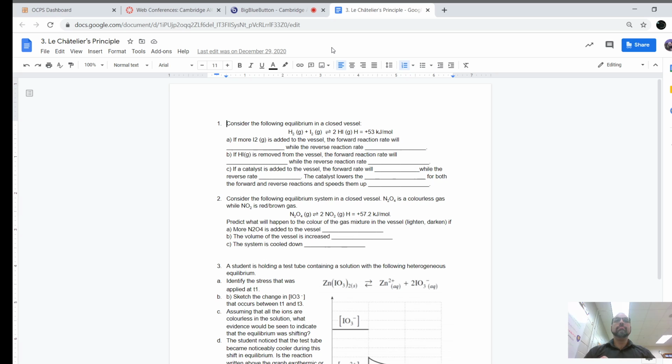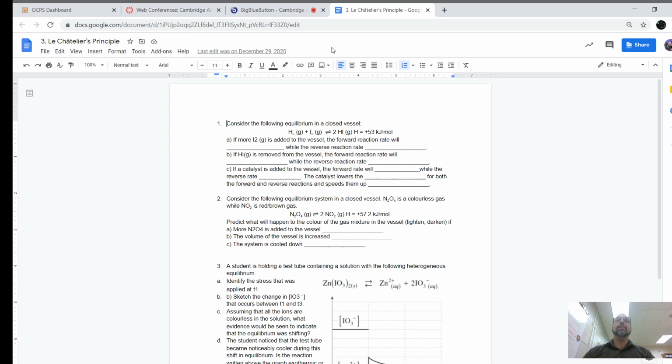Okay. Question A says that if we add more I2 to the vessel, the forward reaction will blank while the reverse reaction will blank. If we add more to the reactant side, that means the forward reaction is going to increase and the reverse reaction will decrease at that moment.